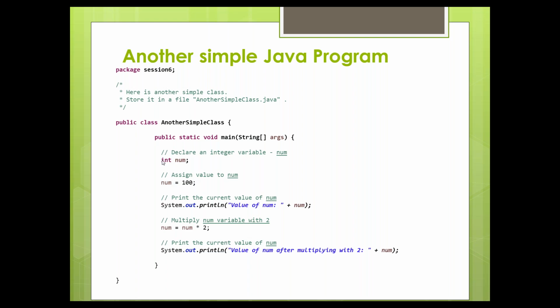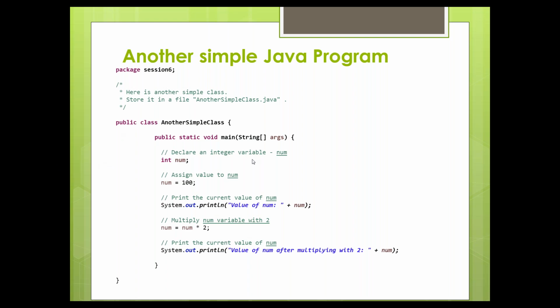The int defines it. It represents an integer, which is a whole number, not a real number. In this statement, System.out.println, or print line, we are displaying whatever value is in the variable num.